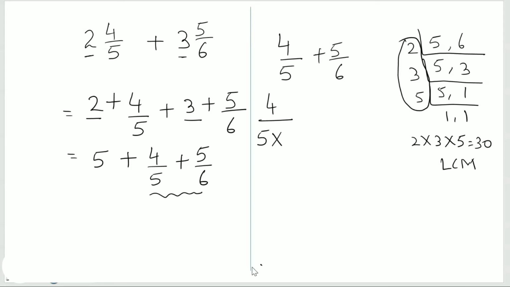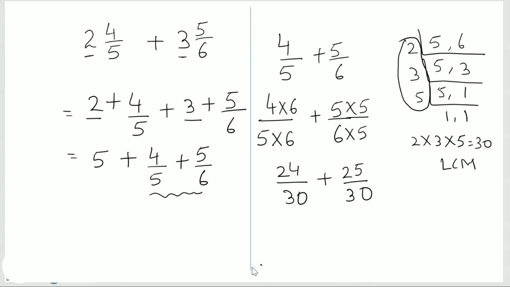Now 5 times 6 is 30, so the same number should be multiplied by the numerator, 4 times 6. I bring the second fraction down, and 6 times 5 is 30, so multiply here also by 5.